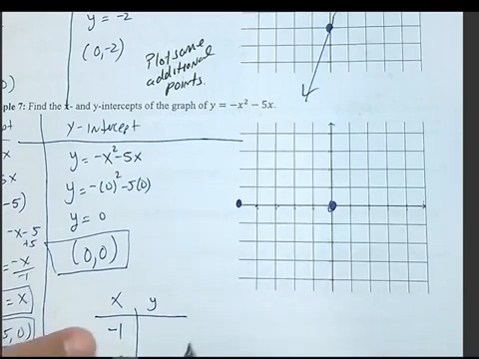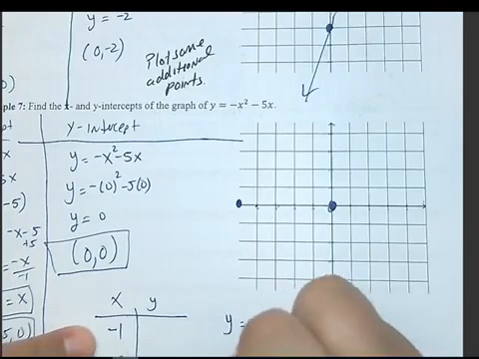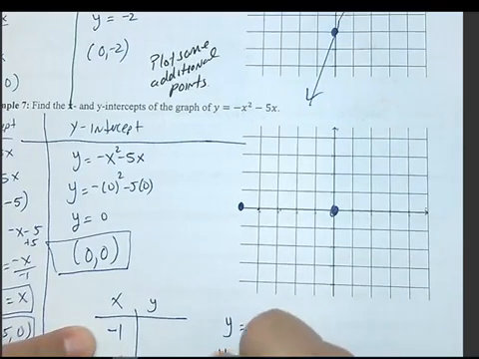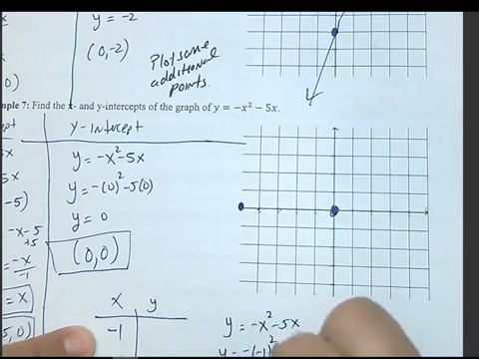So if x is -1, let's plug that in. -1 squared is +1 times negative is -1. Negative is positive. So we get 4.